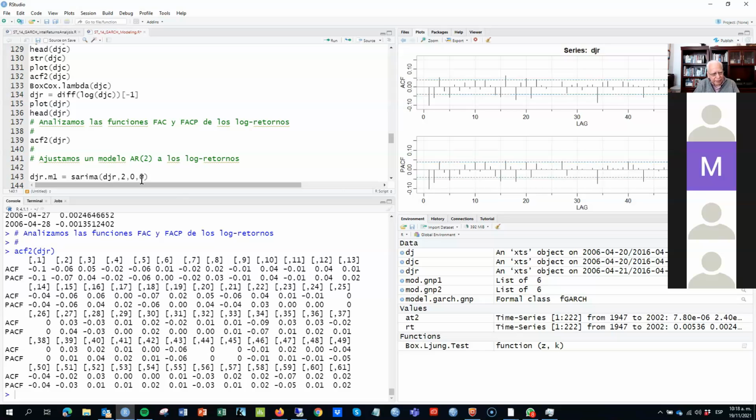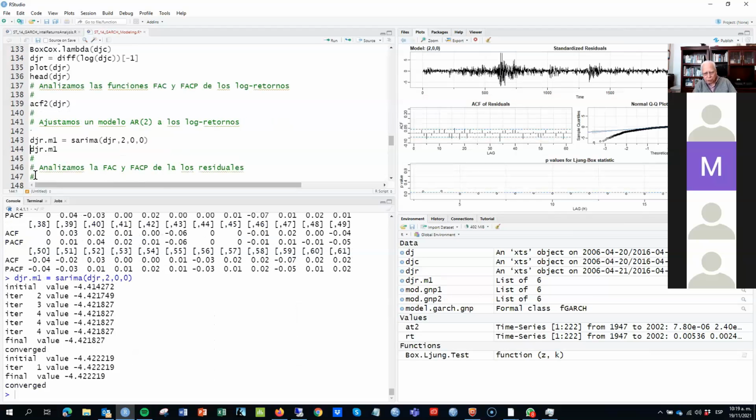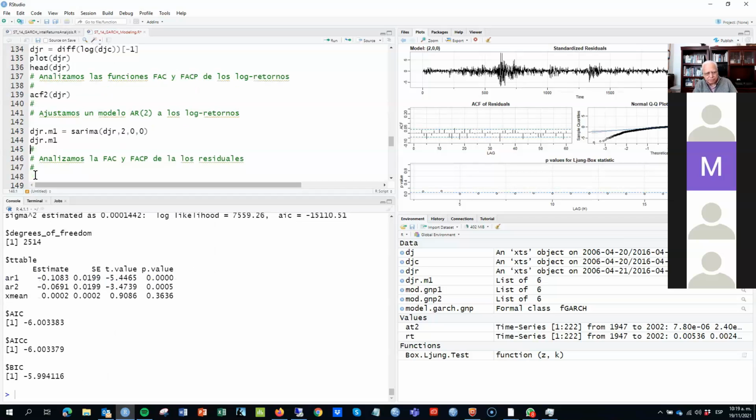And we'll fit the sarima for the Dow Jones returns, we'll fit model one. I'm going to call this model one, just in case I were to fit another model. It's an autoregressive of order 2. Okay. And those are the values of the parameters.